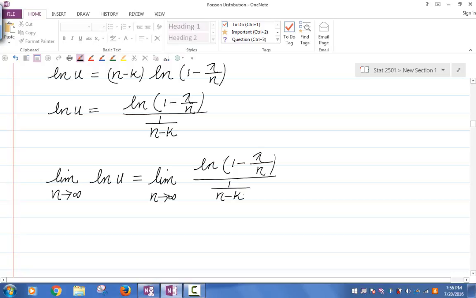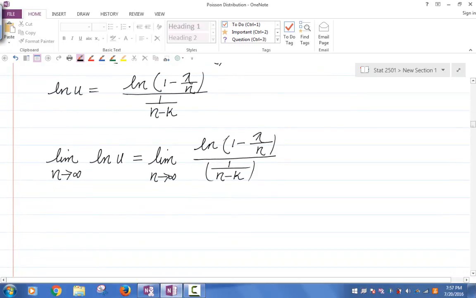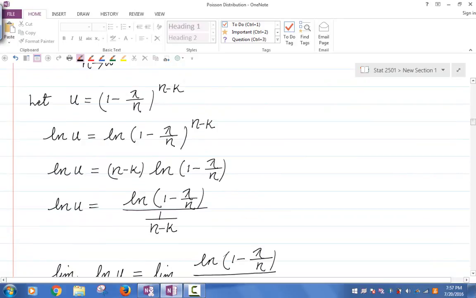Now notice that as n goes to infinity, the denominator is 0, and also the numerator ln of 1 minus lambda over n is also 0. So we can apply L'Hopital's rule, which means that we have to take the derivatives of the numerator and the denominator. So let's do that.